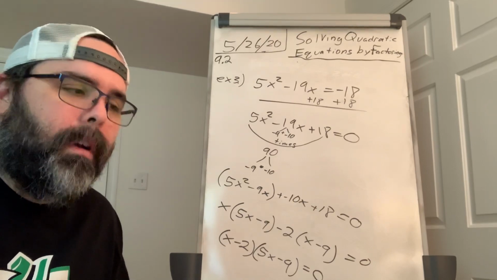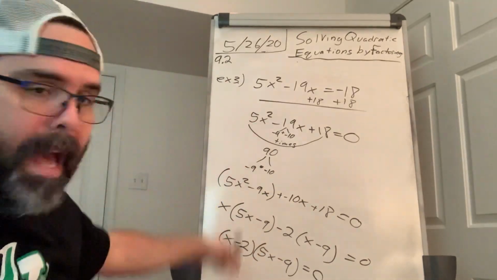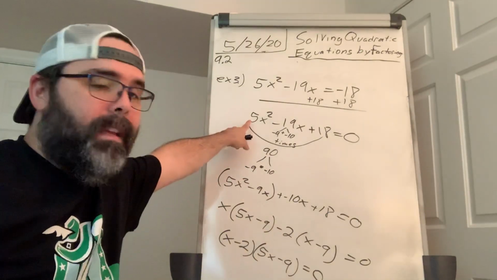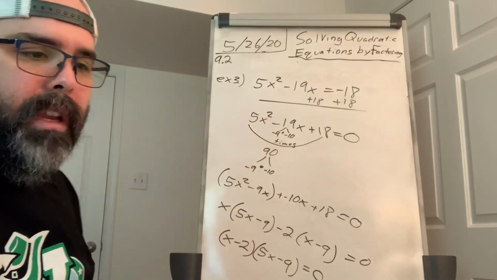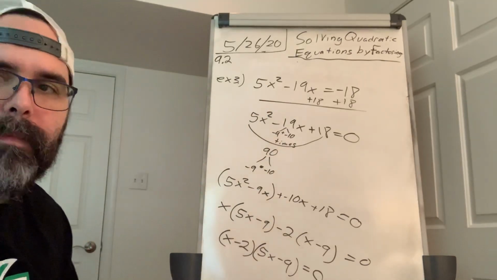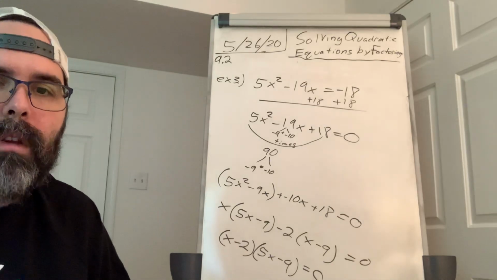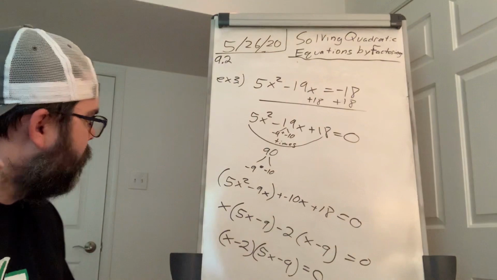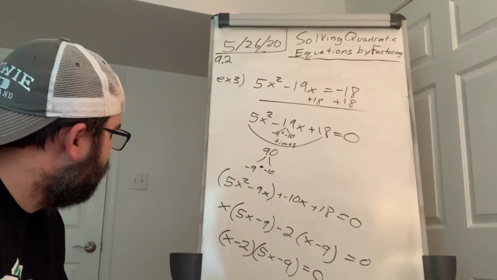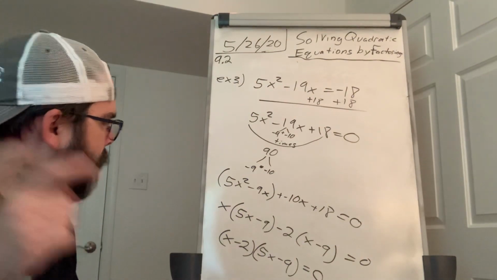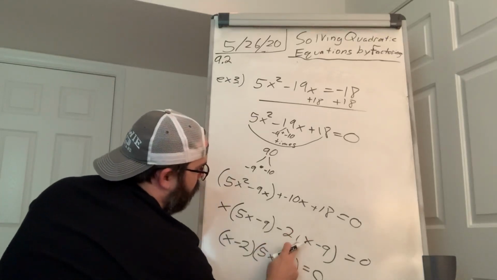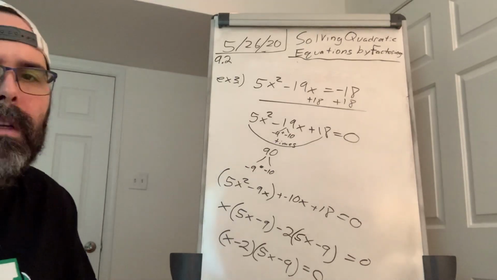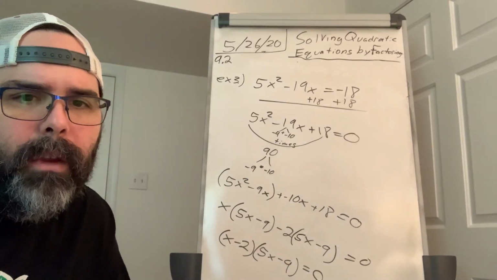If you're having trouble with this process, just the factoring part, if you're having trouble factoring when a is not 1, look back at that video I posted for this stuff, or go back in your textbook or back in your notes. Shouldn't it be 5x? Yeah, thank you.